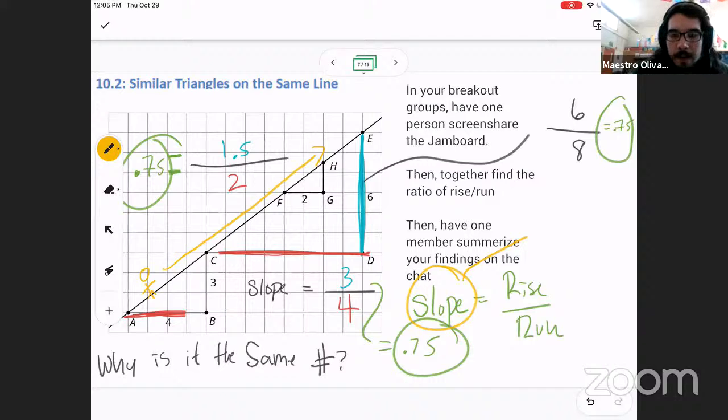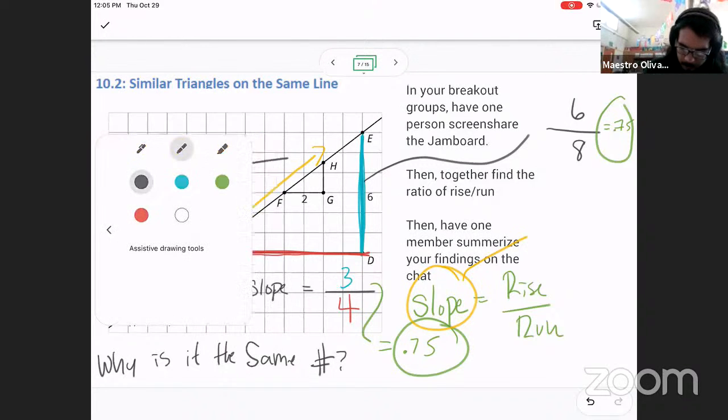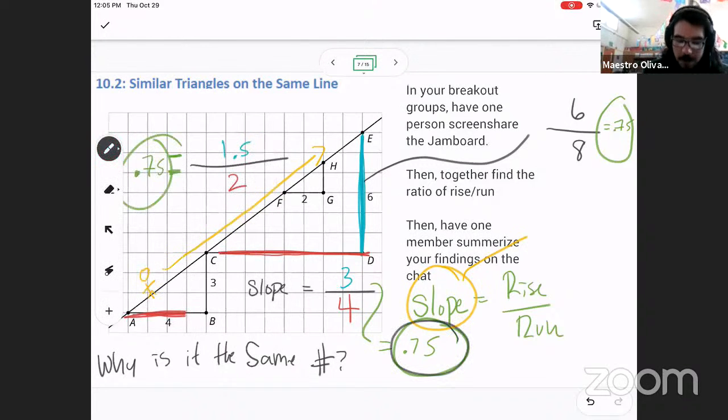A ver, ¿quién fue el que me dijo el número de 0.75? It was Angel, right? How can I write 0.75 as a fraction? What can I put in the denominator?